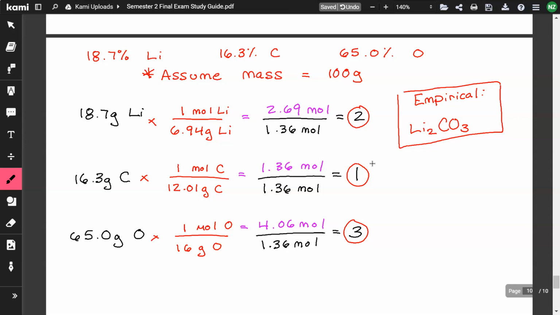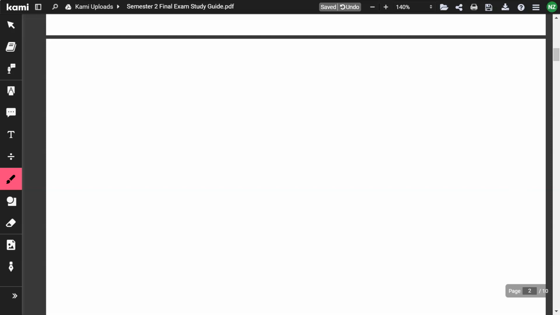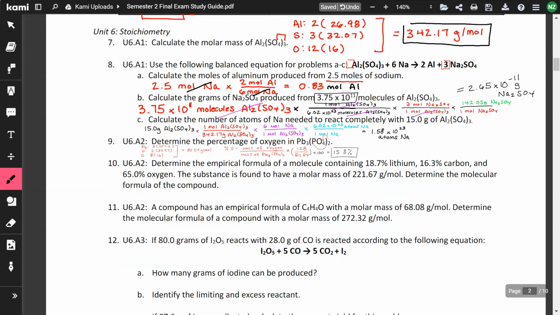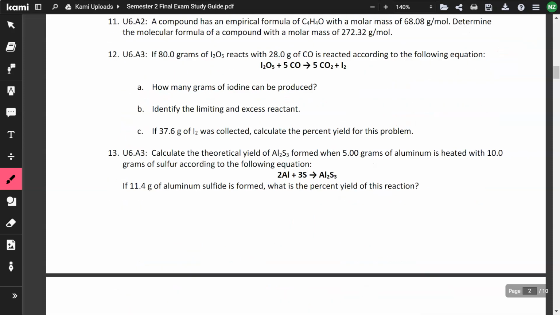Okay. If we go back up to the question, the question says the substance is found to have a molar mass of 221.67.